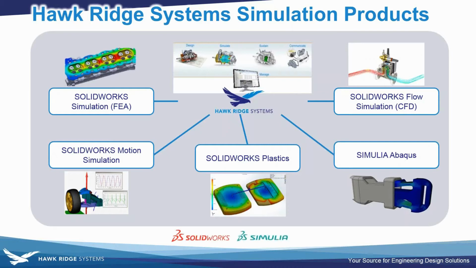There are some other tools we offer at Hawkridge Systems, like Simulia Abaqus, which have certain limited flow capabilities for certain types of flows, especially as they interact with a stress analysis.